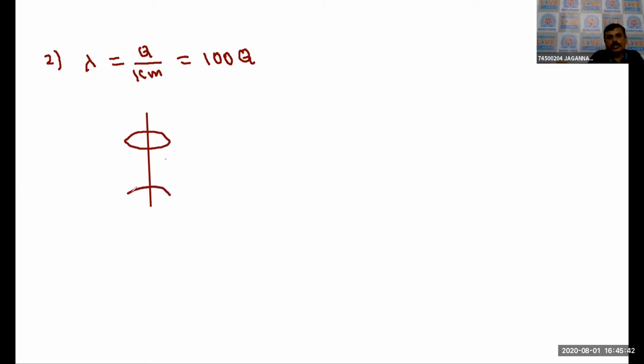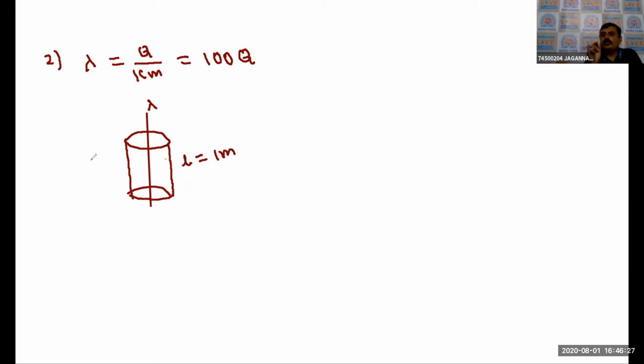This is the Gaussian cylindrical body, which has a length L equal to 1 meter. So in the question, the total electric flux passing through the cylindrical surface is asked. The charge which is distributed on this wire is given by lambda. But how much charge is enclosed by the cylindrical body?